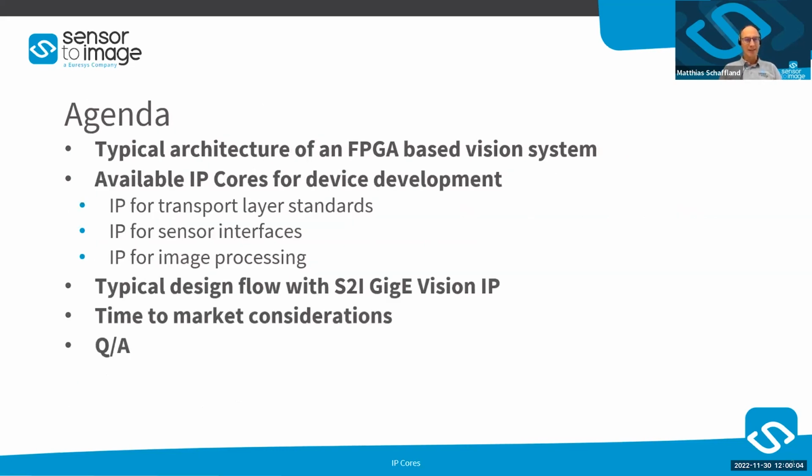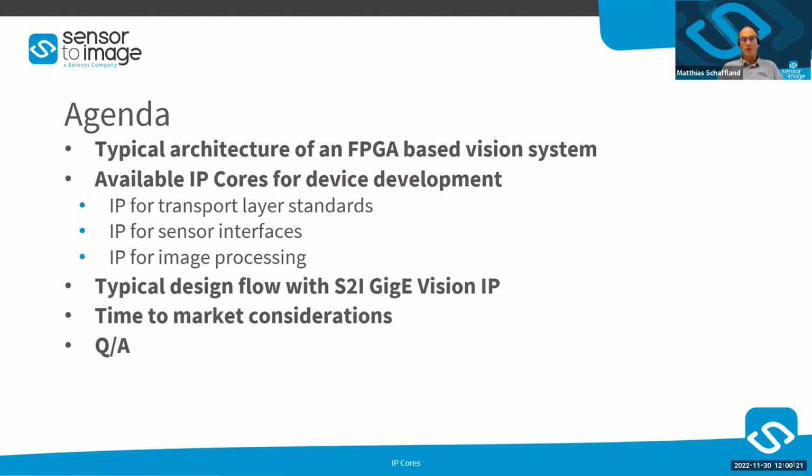What do I want to tell you in detail? First, I want to give you an overview about a typical architecture of an FPGA-based vision system to identify where FPGA IP cores make sense at all.